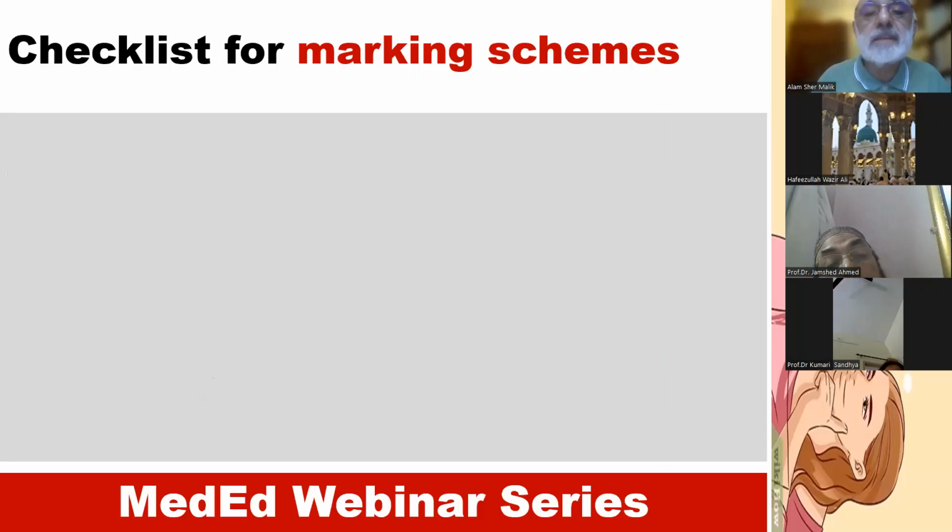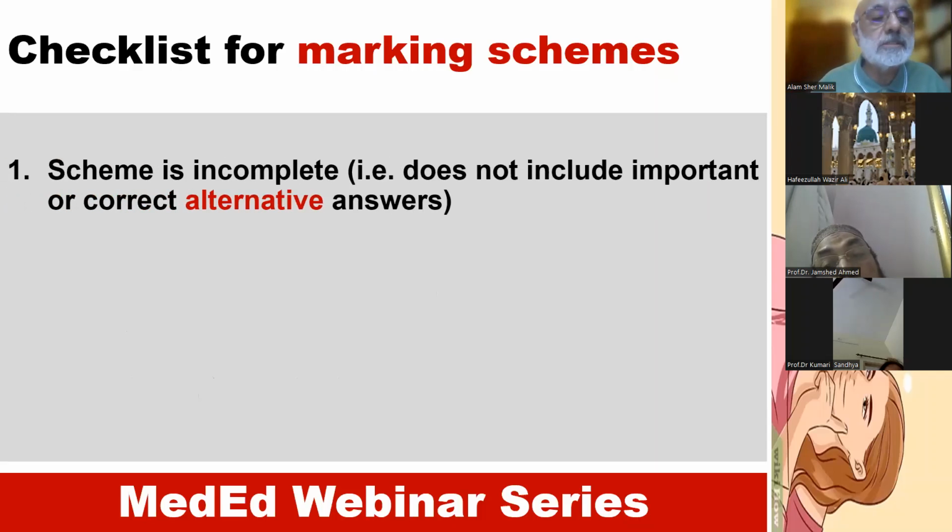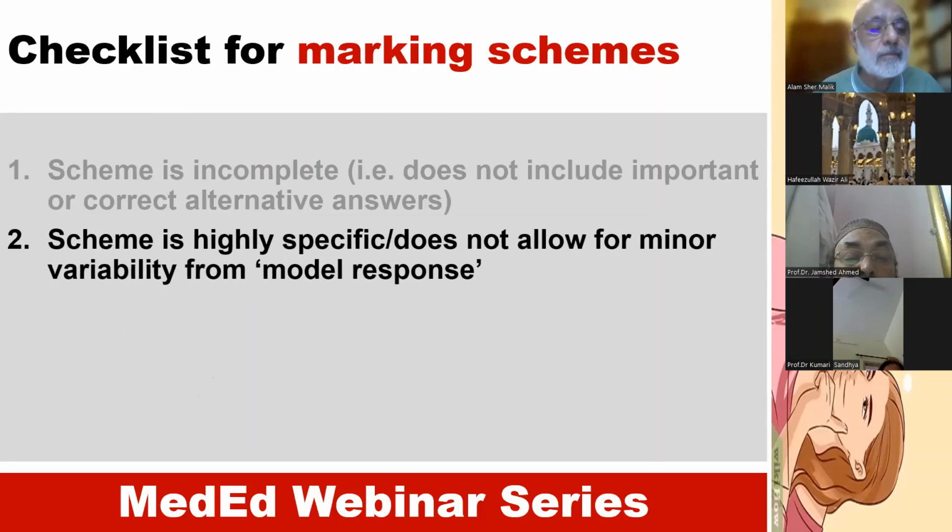Similarly, we have a checklist for the marking scheme of these questions. Sometimes the scheme is incomplete because the model answer may not cover all the alternate answers. That's where vetting of these questions or discussing with colleagues helps. Or the scheme is highly specific and does not allow for minor variability from the model response.